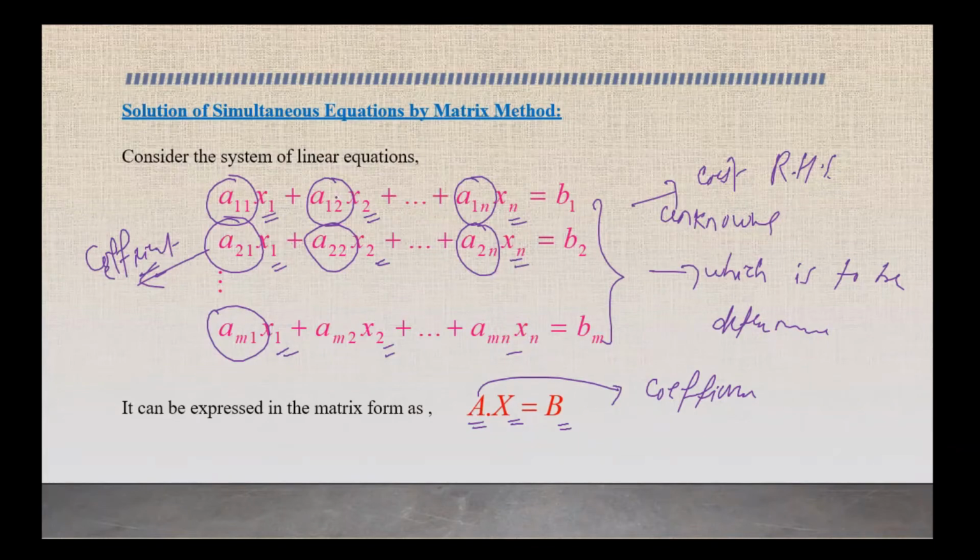X is nothing but the vector containing the variables x1, x2, xn, and B is a vector, also called the vector present on the right hand side, that is b1, b2, bn, and these two must be column matrices, because here x1, x2, x3 are the variables where only one column is present, that is a column matrix, and here also it comes as a column matrix.